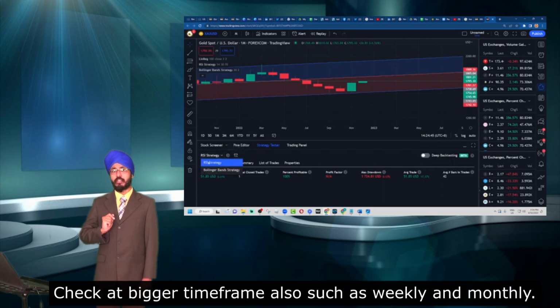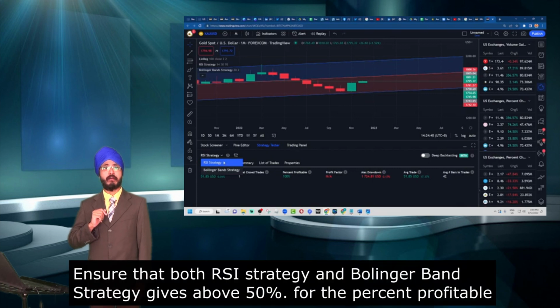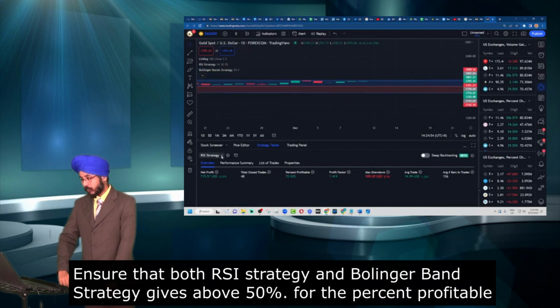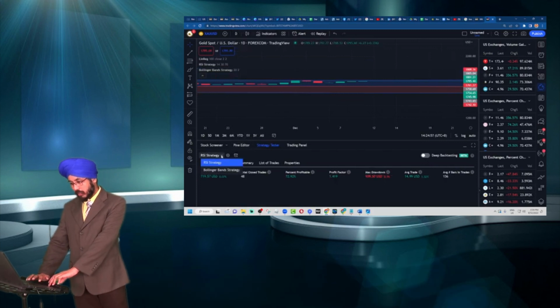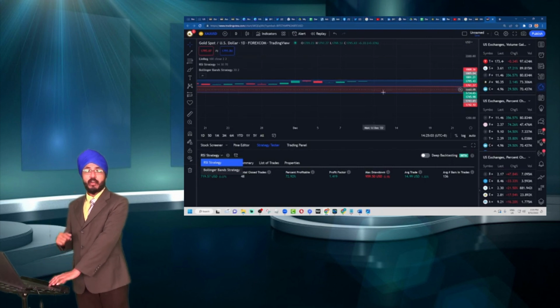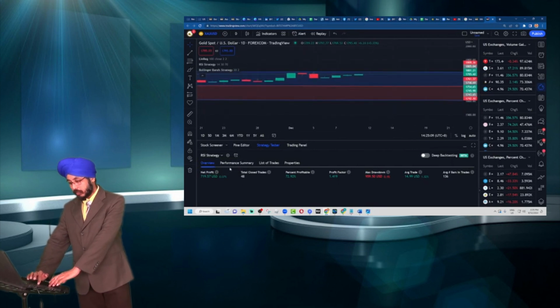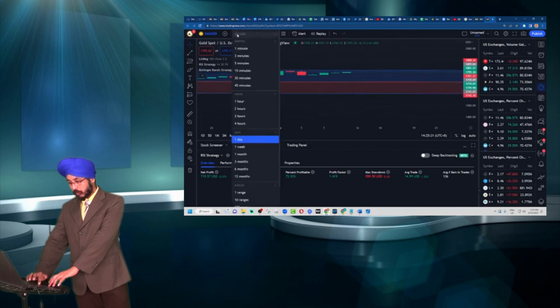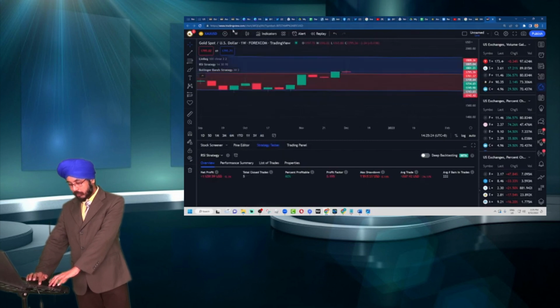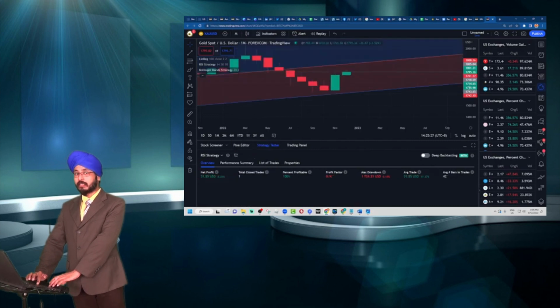It's very important to ensure that the percent profitable is above 50% for both the RSI strategy tester and the Bollinger Band strategy tester. Firstly, for the RSI strategy tester, we have 66.67% for daily, 56.25% for the weekly, and about 0% for the monthly.